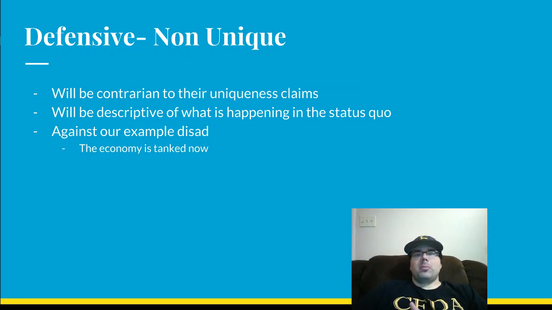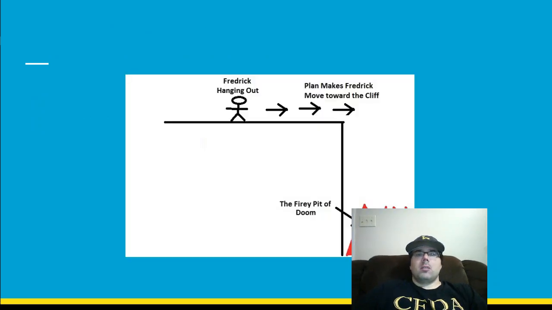It will always be descriptive of the status quo, much like a uniqueness argument would be. So again, we see Frederick hanging out here. And the uniqueness, for our example, has Frederick either standing here or moving this way. A non-unique argument would say that that's not true and that Frederick is actually moving towards the cliff already in the status quo.